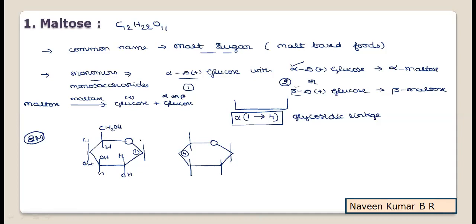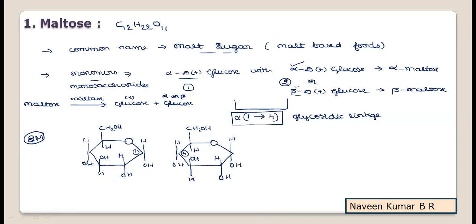Again, as it is alpha, we'll write the structure as it is, then I will show how the disaccharide is formed from it. Then I will write another alpha glucose: it is CH2OH, H OH, OH H, H OH. Again, it is alpha, I am writing it as the second one.